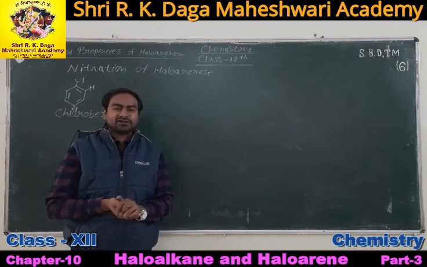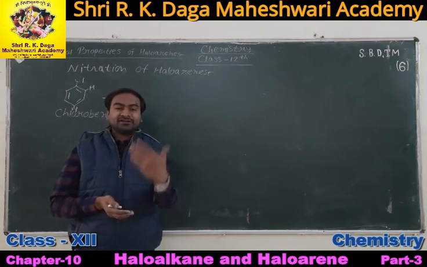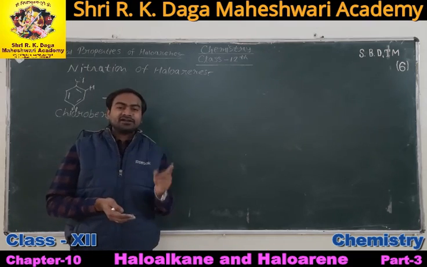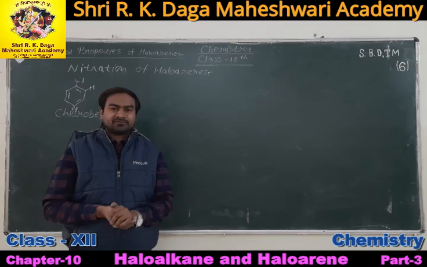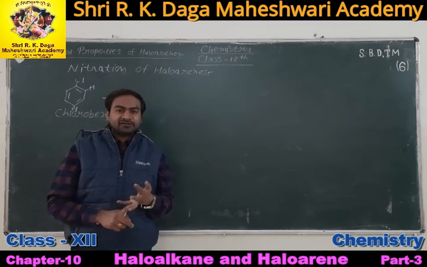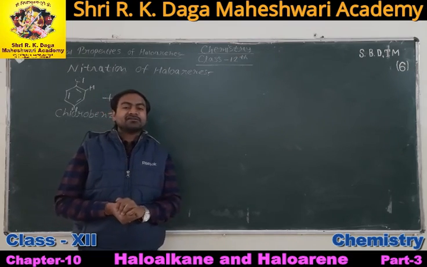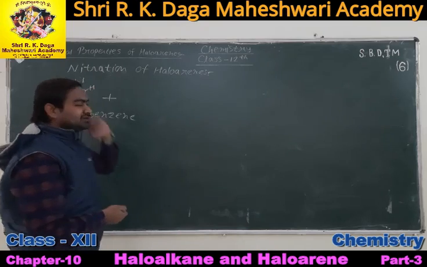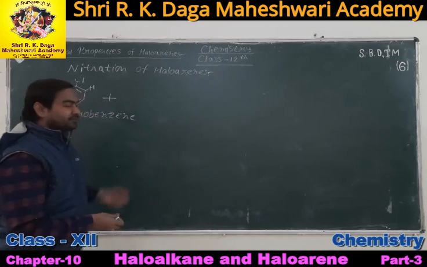Both are correct. And whenever you need to do nitration, the nitric acid should be taken along with sulfuric acid. The concentrated nitric acid and the concentrated sulfuric acid together are known as nitrating mixture, which is responsible for the nitration of different organic compounds, as in this case.